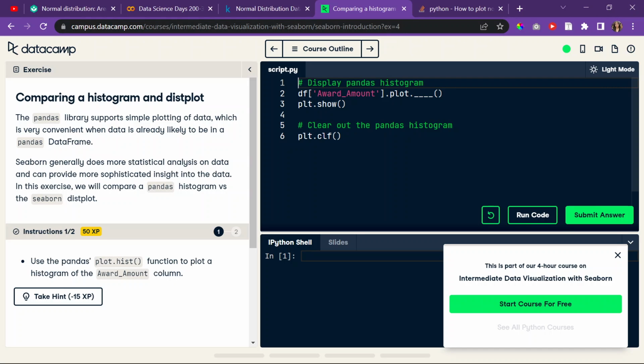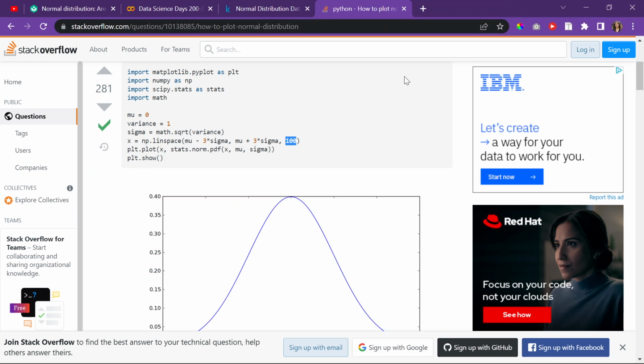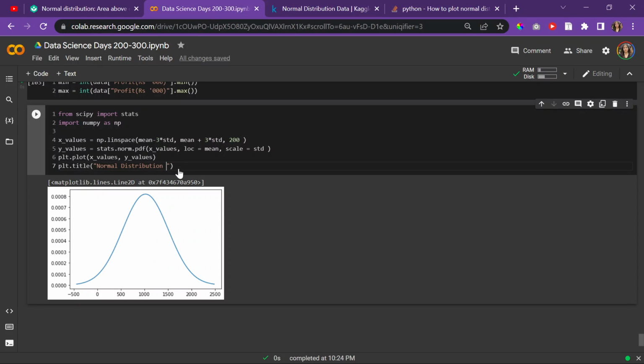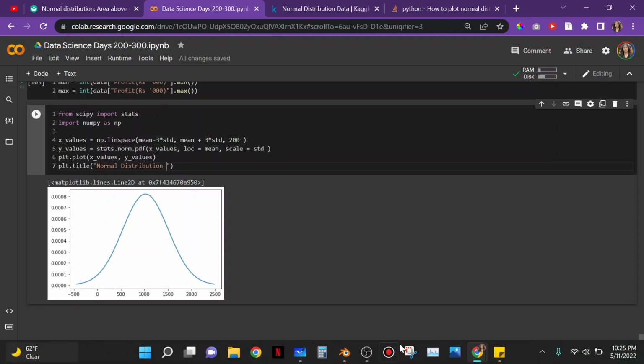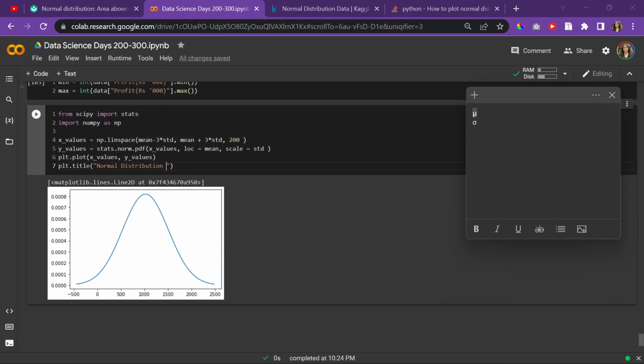Where were we? Okay, over here. So I'll just put in, what did we have?